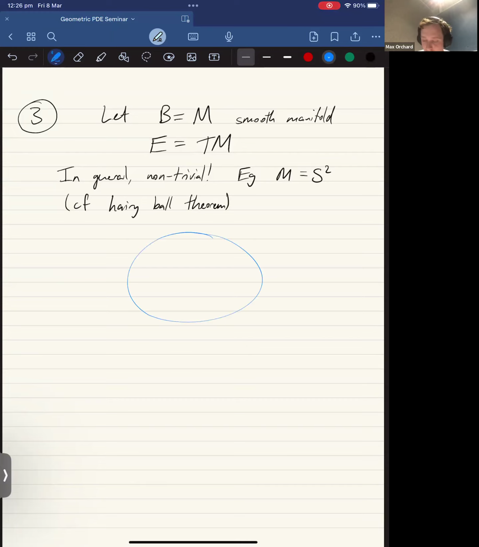Now, picture here, I'm going to set blue to always be the base space here. S2 like this. And essentially at every point, we get this tangent space here. And what you may notice is that all the fibers here are vector spaces.